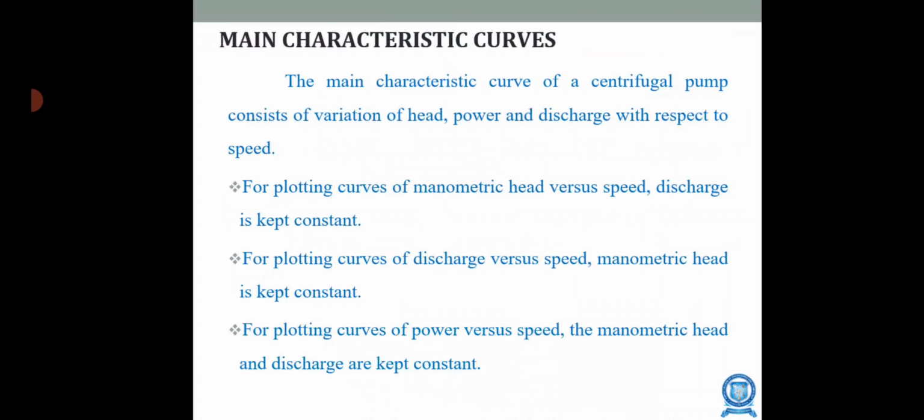For plotting the curve of manometric head versus speed, you keep the discharge constant. When plotting the curve of discharge versus speed, the manometric head is kept constant. And when plotting the curves of power versus speed, the manometric head and discharge are kept constant. That is the main characteristic curves.